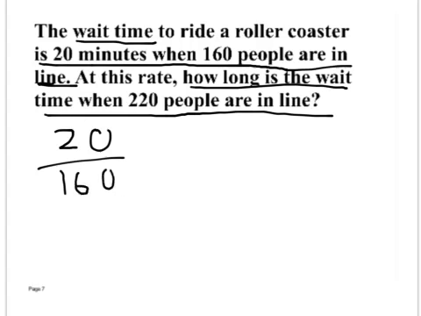That's a ratio they give you. They say it's going to be proportional. You're going to have to wait proportionally the same amount of time if there's 220 people in line. So that's how we set it up.